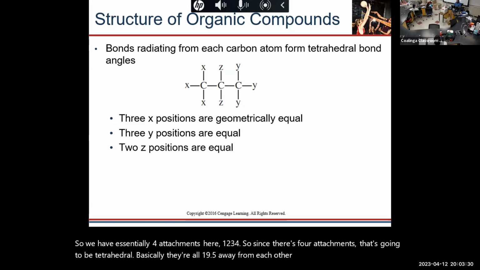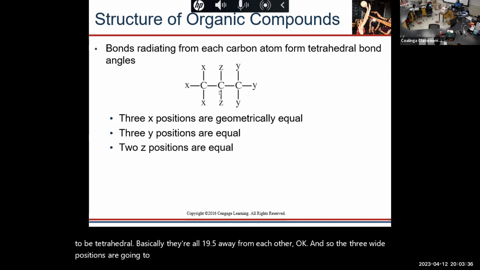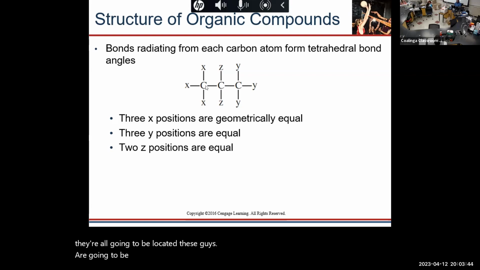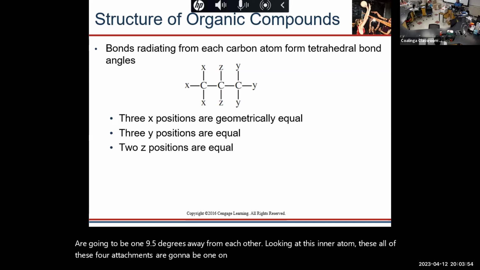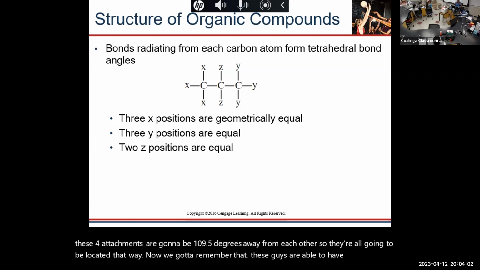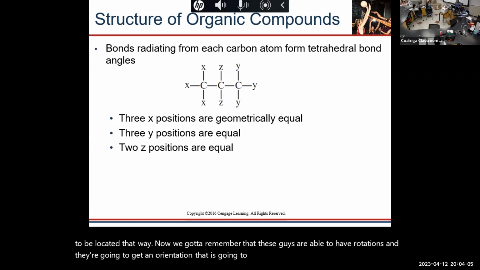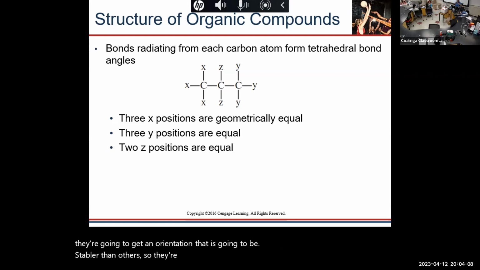The 3 Y positions are also going to be equal, and the 3 Z positions as well. Looking at this, all of these 4 attachments are going to be 109.5 degrees away from each other. And we have to remember that these guys are able to rotate. They're going to get an orientation that is more stable than others, so they're going to try to find an orientation that fits them well.